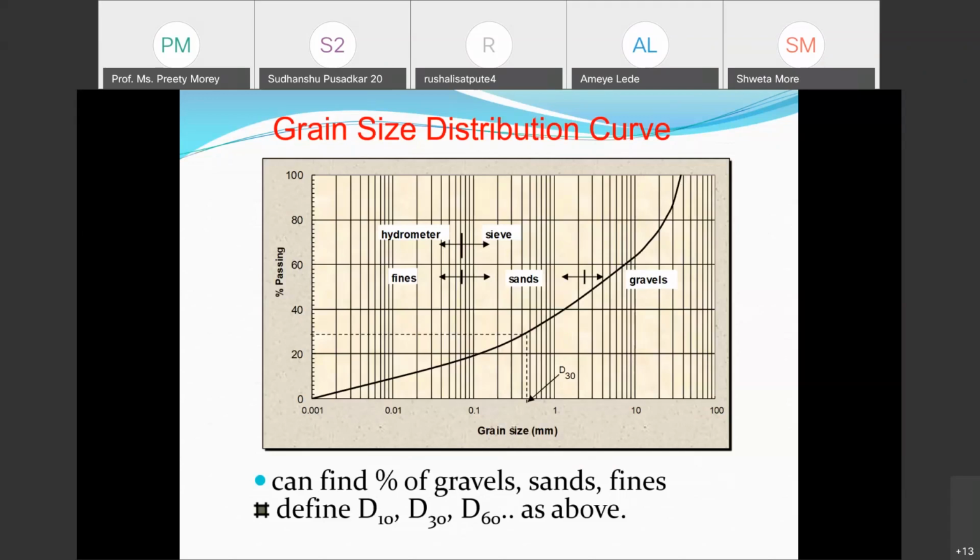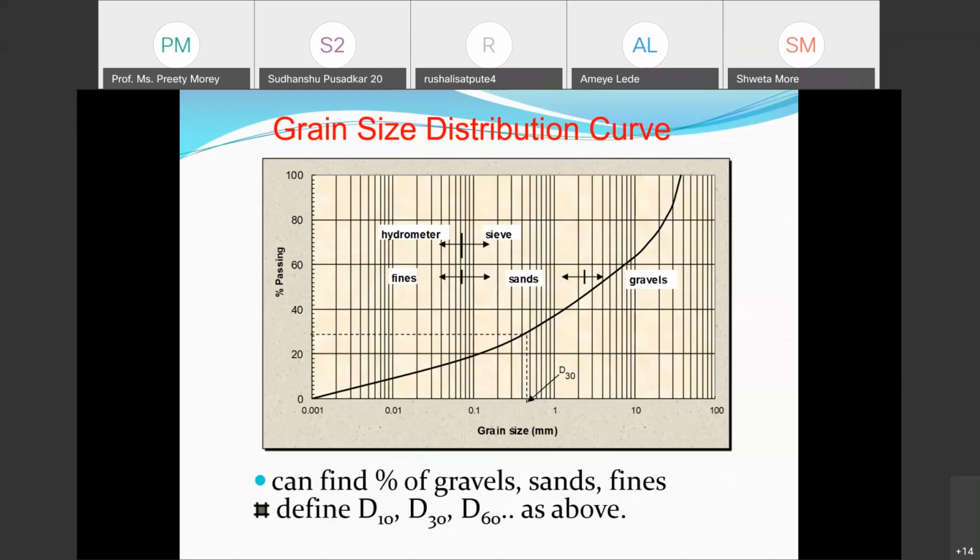Whereas dry sieve analysis you perform with a simple sieve analysis process where you use a set of sieves ranging from 10 mm to 75 micron, arranged in decreasing order: 10 mm, 4.75, 2.36, 1.18, 600 micron, 300 micron, 150, and 75 microns.